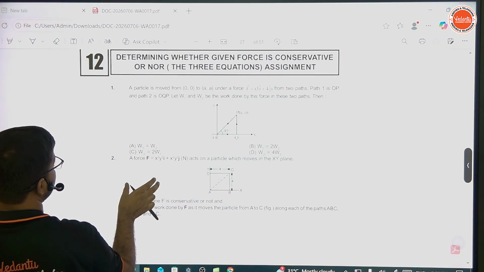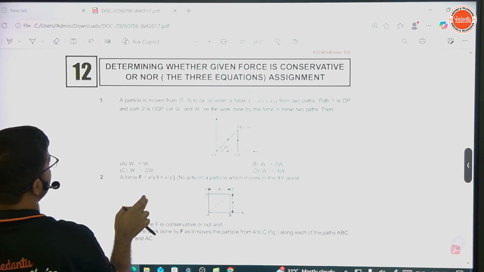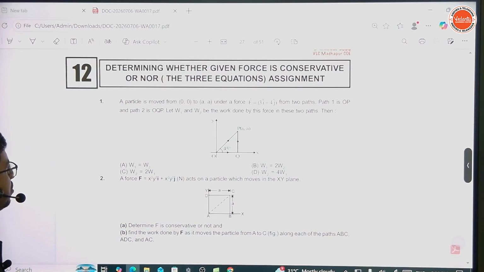Assignment number 12 is about determining whether the given force is conservative or not.